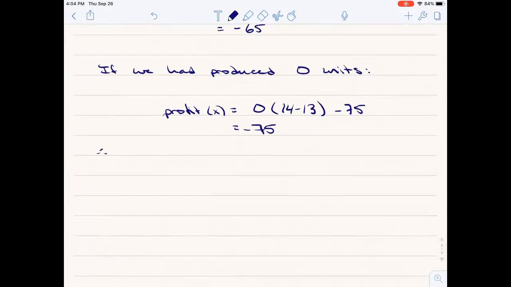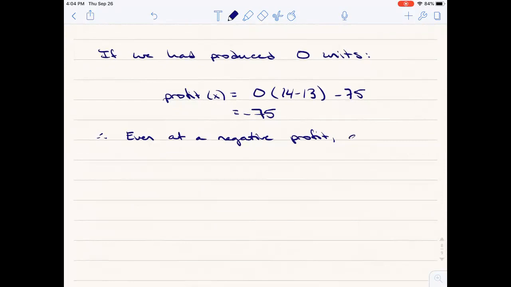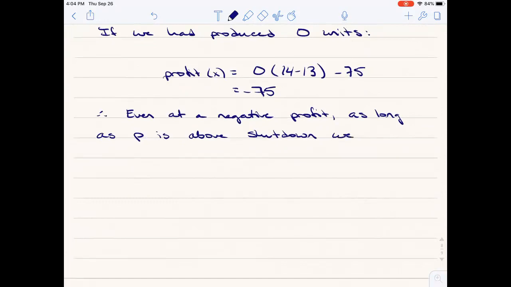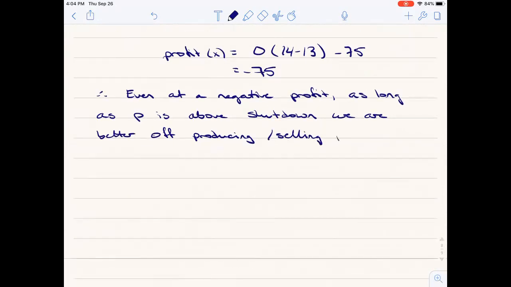Therefore, even at a negative profit, as long as P is above shutdown, we are better off producing and selling products.